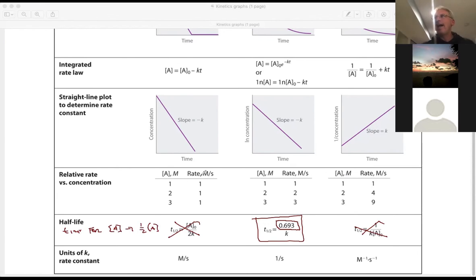Like if I have a gallon of water and I slowly pour that gallon out, how much time does it take for it to get to half a gallon? That's called a half-life. And the weird thing is that for first order changes, the half-life is always constant, no matter what you start with.